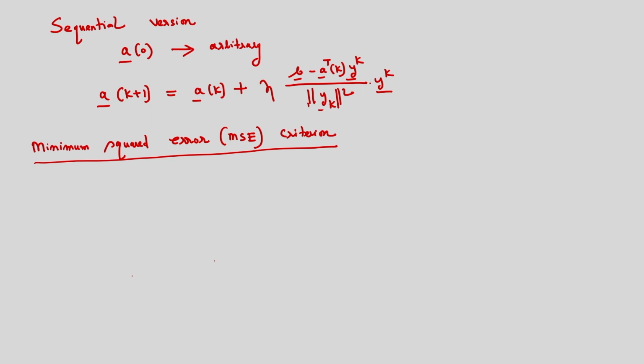But suppose we do not know whether these classes are linearly separable or not, then the best designing technique is the minimum squared error criterion. If I do not have the knowledge whether the classes are linearly separable or not, based on this MSE criterion I can design a linear classifier.